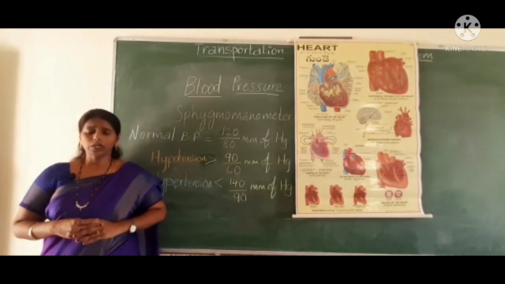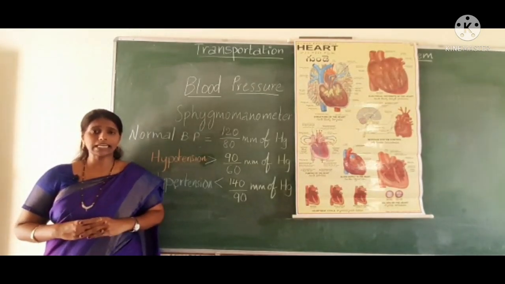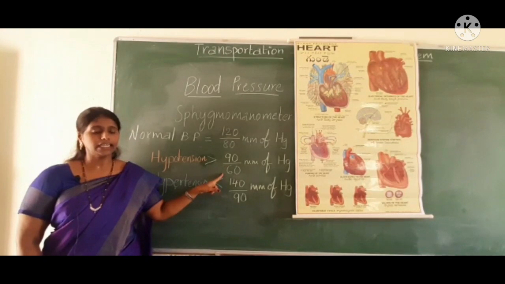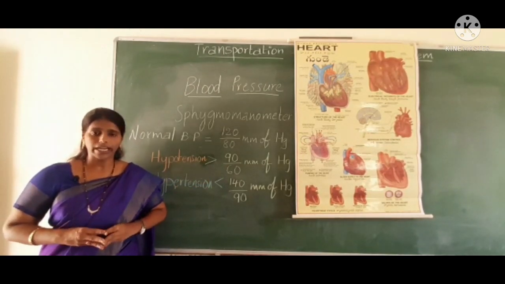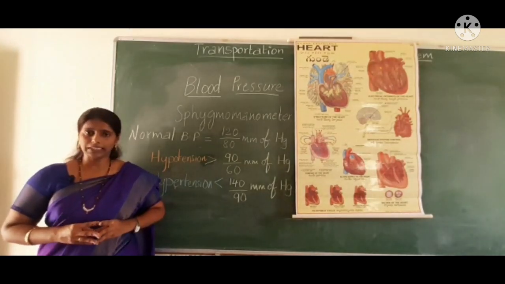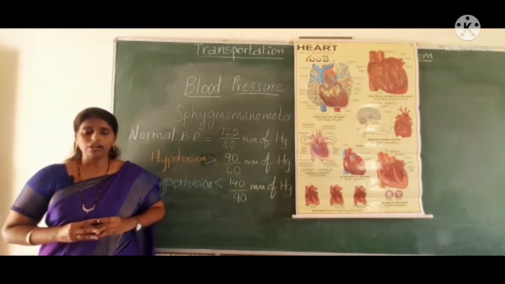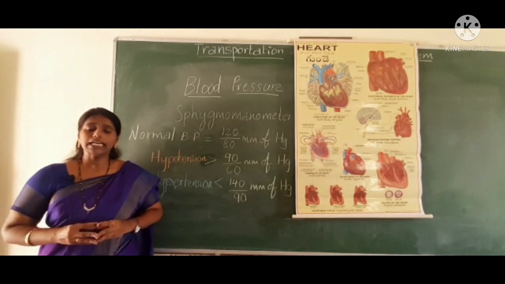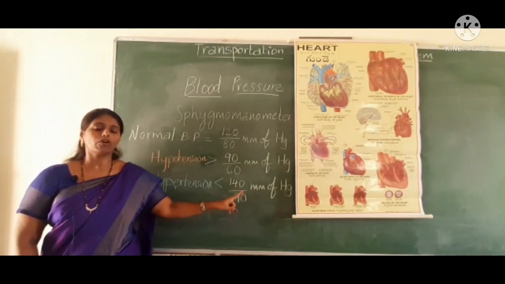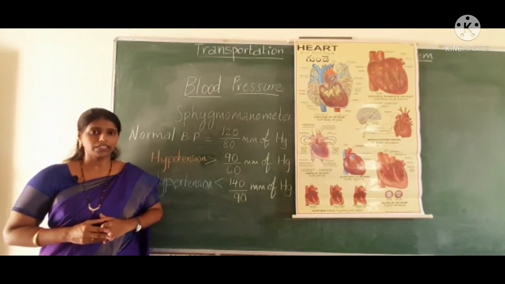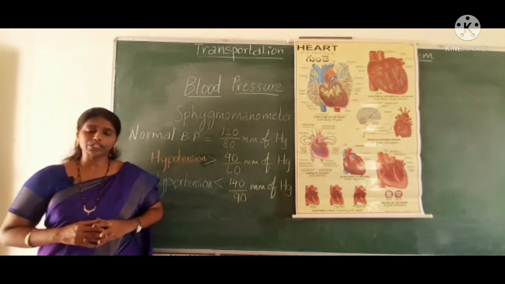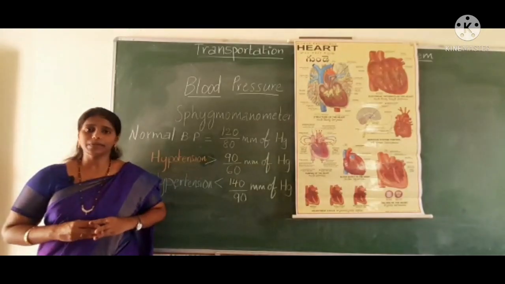If the blood pressure is less than 90 over 60, then that condition is called hypotension or low BP. If the blood pressure is greater than 140 over 90 mm of Hg or mercury, then that condition is called hypertension or high BP.